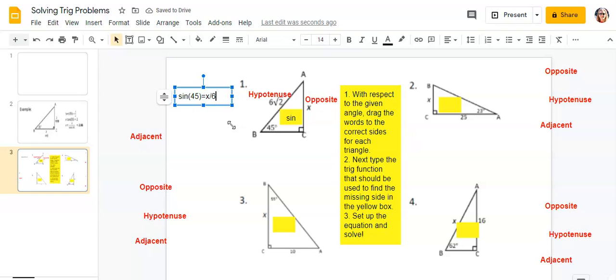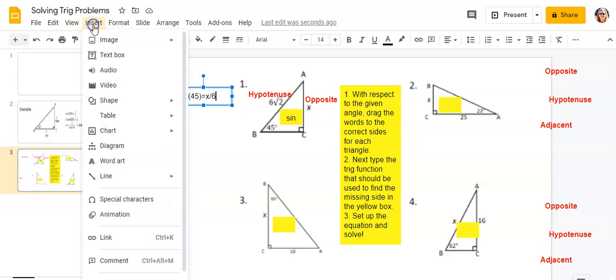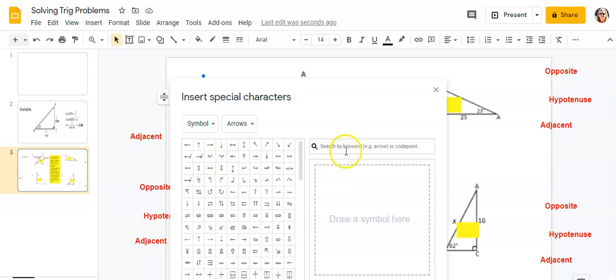Okay, I know that's a weird symbol, so how can we do square root? Let's see, what could I do for a square root? I wish I could see a check mark. Well, there might be something over here we can do. So insert, I don't think special characters will work, but it might.